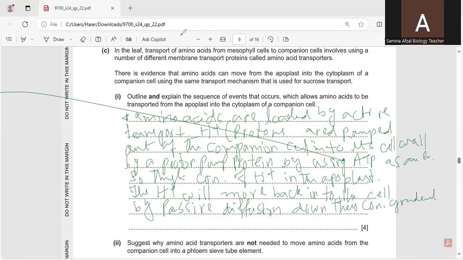Again there is a carrier protein which acts with them. It carries two substances, the amino acids and hydrogen ions, so it is called a co-transporter protein.